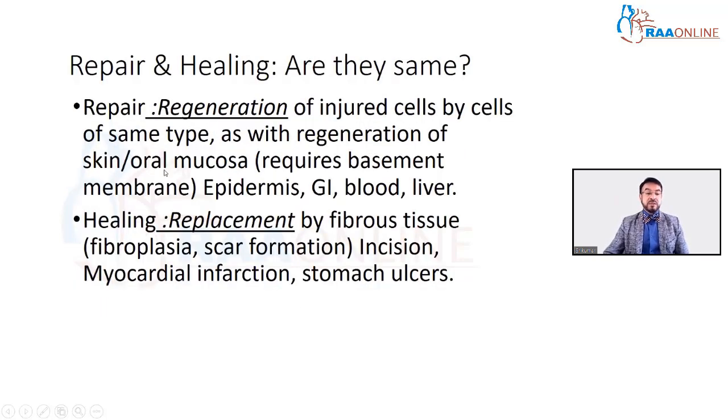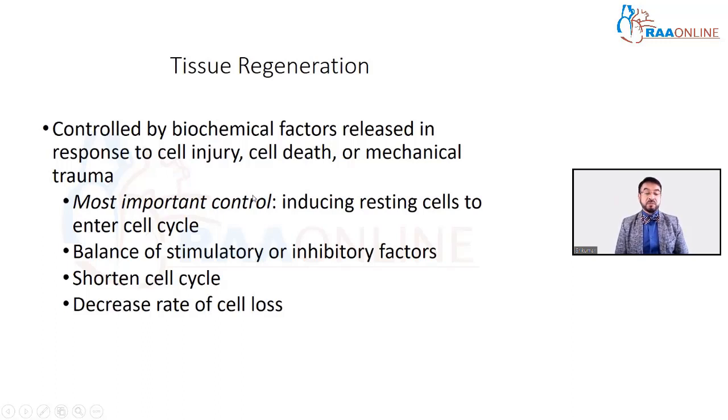So I'm going back to the first part, regeneration. The old cells are being replaced by new cells. Okay, so when this occurs, the entire process is controlled by a few biochemical factors. And these biochemical factors respond to cell injury. Remember necrosis and apoptosis? When necrosis and apoptosis occur, there are certain biochemical factors that are released.